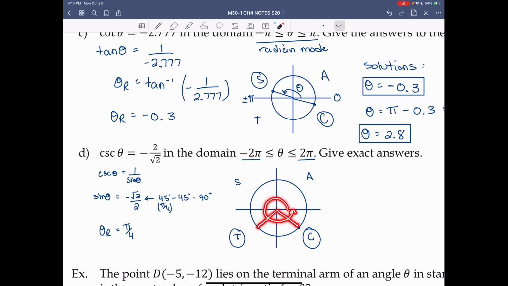So I'm going to have 4 solutions. We have one that will be here going this way, one that will be this, so theta 1, theta 2, and then in the positive direction, this one here is theta 3, and all the way around to here is theta 4.